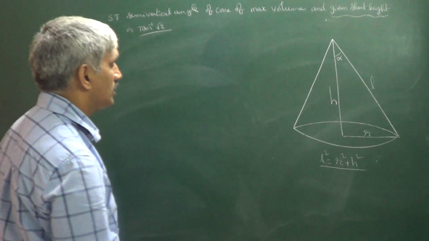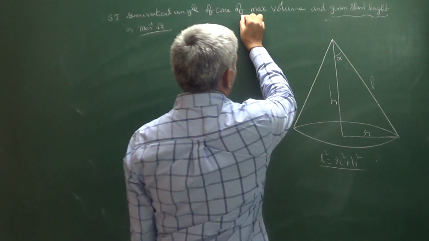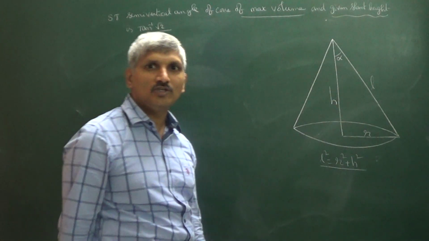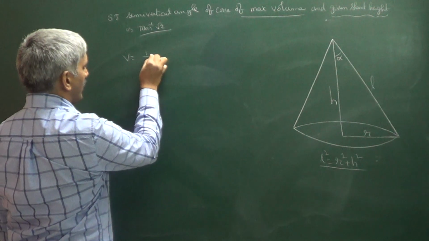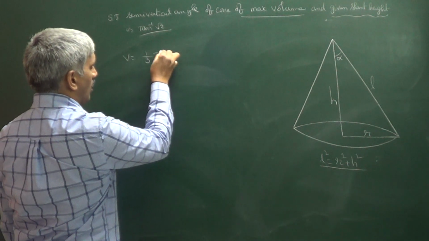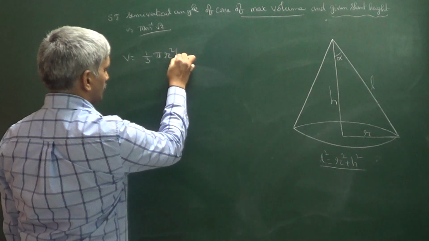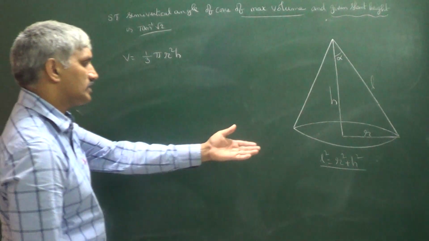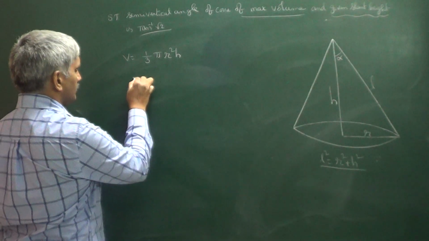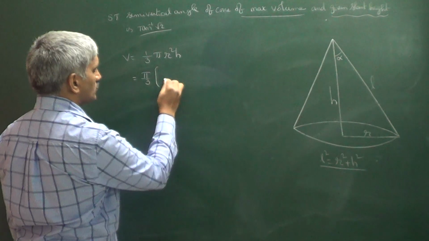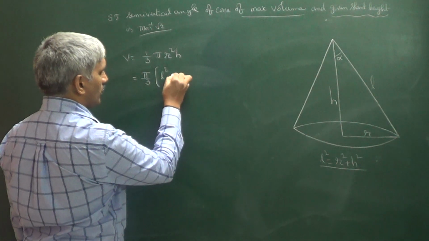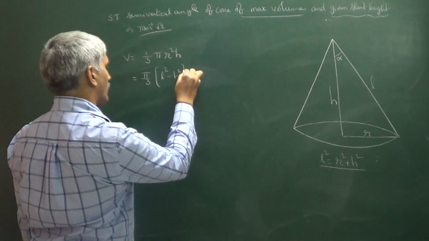But what is asked? Cone of maximum volume. What is the volume of a cone? Cone volume is equal to 1 by 3 pi R square H. But here in place of R square we can write L square minus H square.